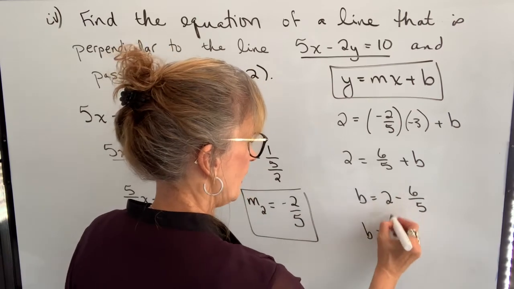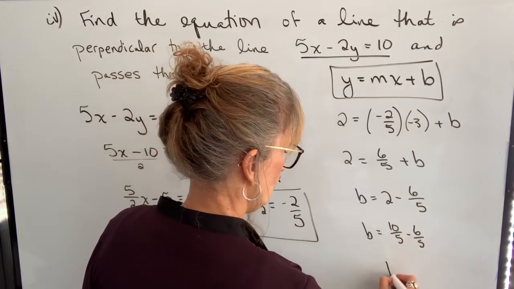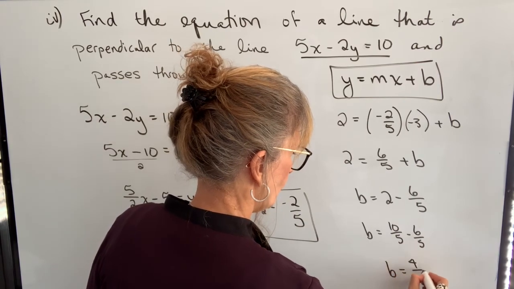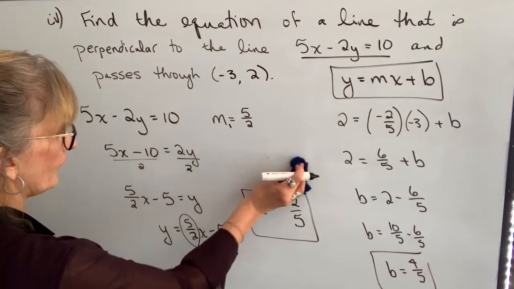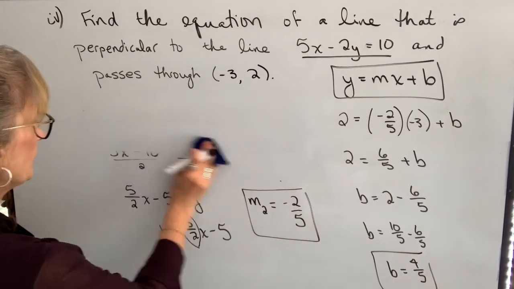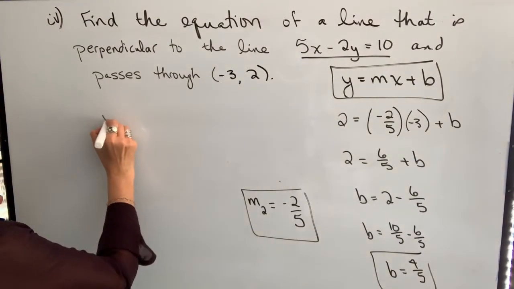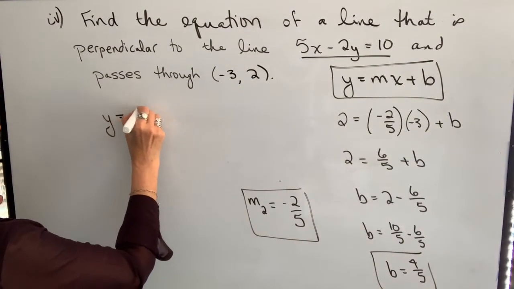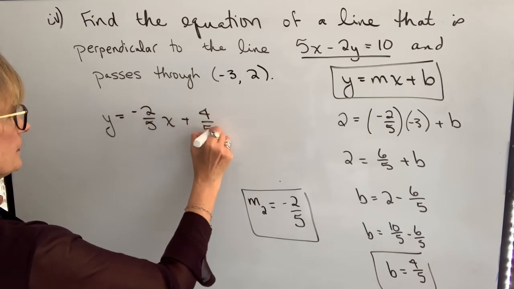Common denominator is 5, so this is 10/5 minus 6/5. B will equal 4/5. Once I know the slope and the intercept, I know the equation of my line. Y will equal negative 2/5 x plus 4/5.